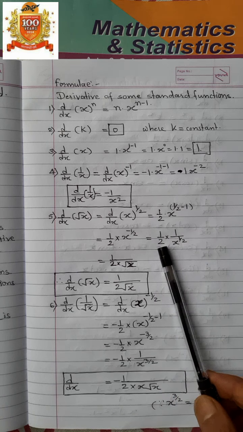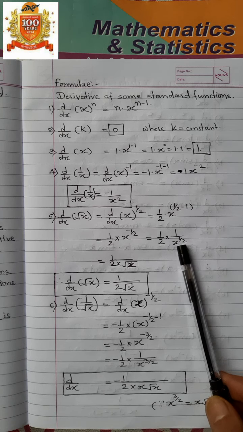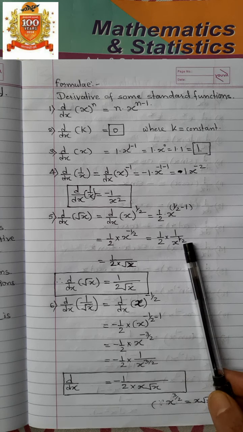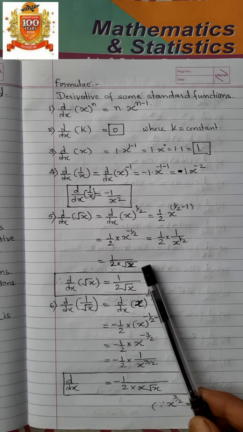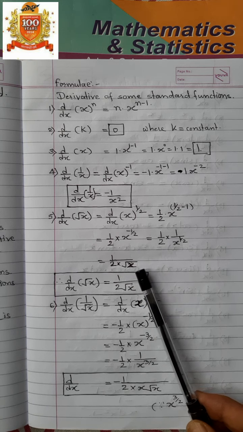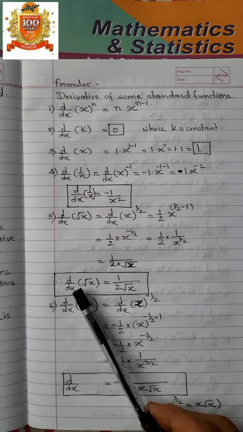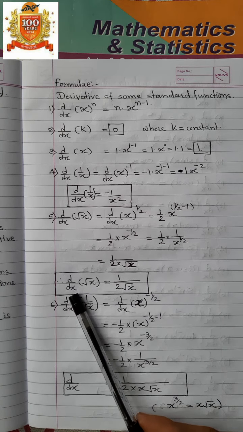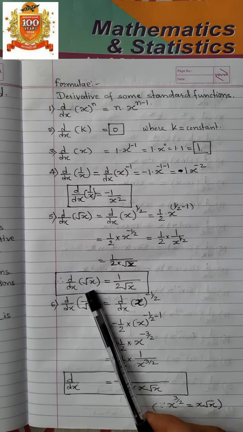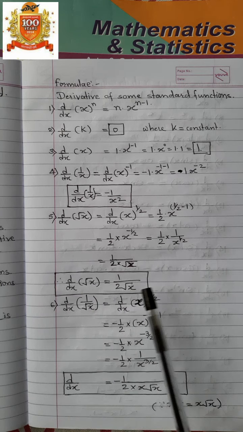That is 1 by 2 as it is into 1 upon x raised to power 1 by 2. Index becomes positive. That is 1 upon 2 root x. X raised to power 1 by 2 means root x. Therefore, d/dx of root x is 1 upon 2 root x. Therefore, we can say that derivative of root x is 1 upon 2 root x.